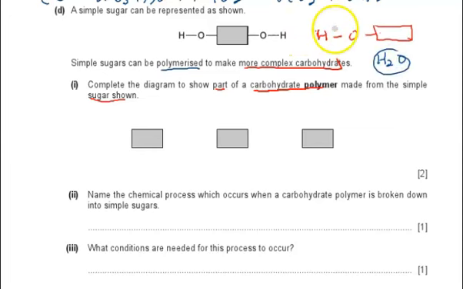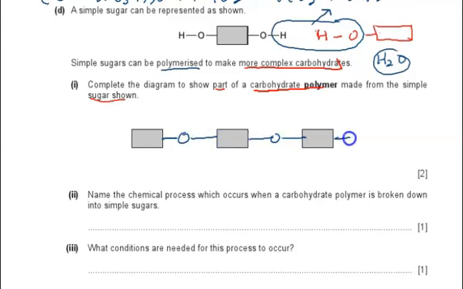So this one will combine to form the water. This one will disappear to form the water, and you have only oxygen. So here we will have oxygen, and here as usual OH. Here is an OH. Okay, so this process is called a condensation process.